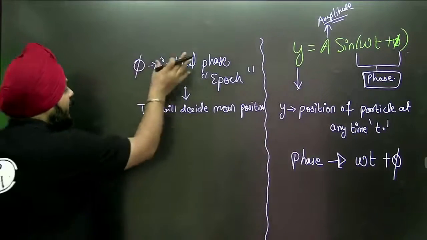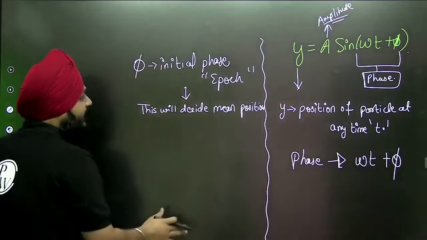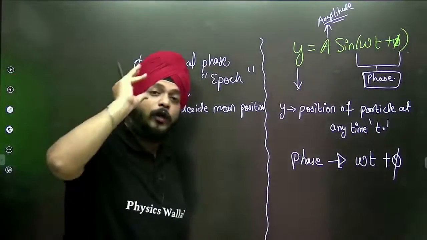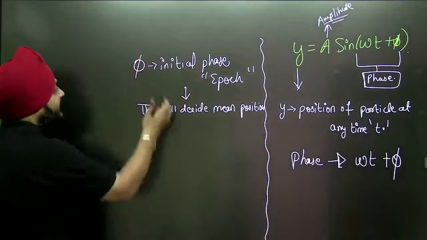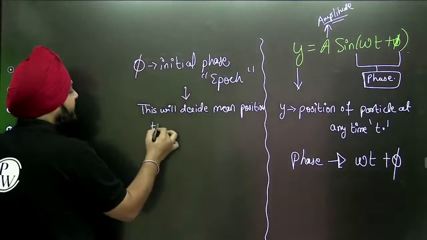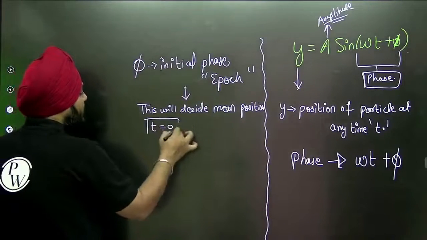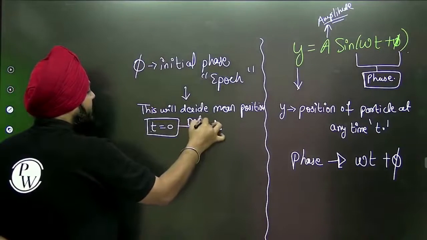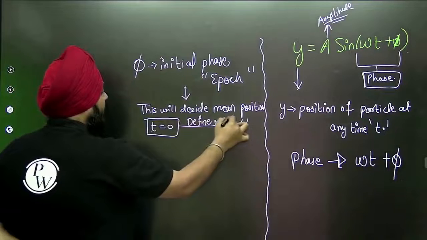The initial phase or epoch will decide the position from which the particle is going to start. In another sense, t is equal to 0 defines the initial phase, the epoch.